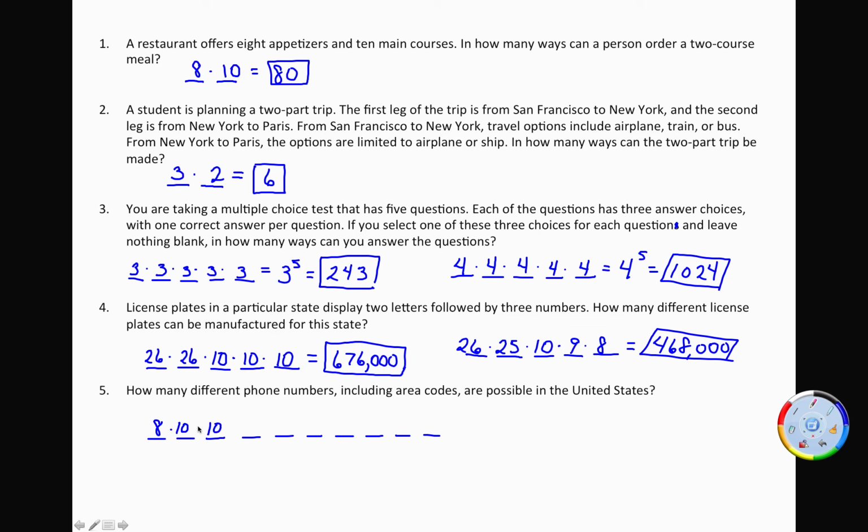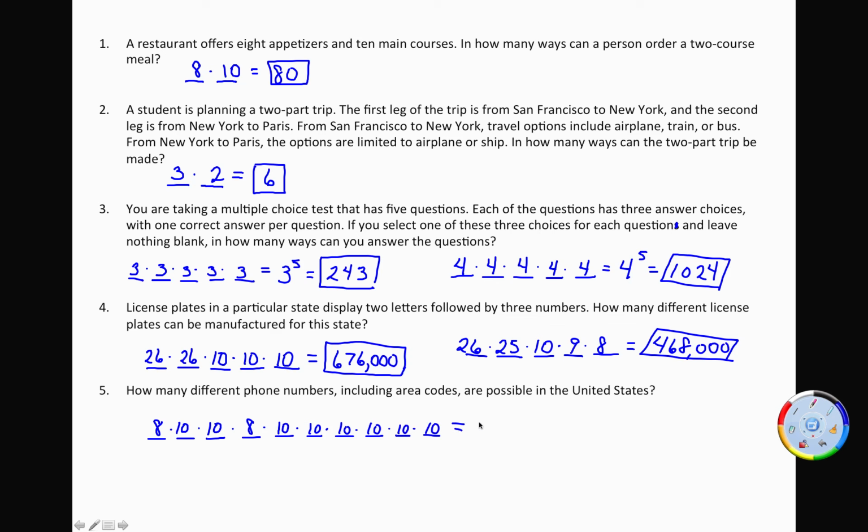But here I am again at the beginning of my prefix. I cannot put a 0 or a 1. But I believe the rest of the digits in a phone number can use any numbers from 0 through 9.